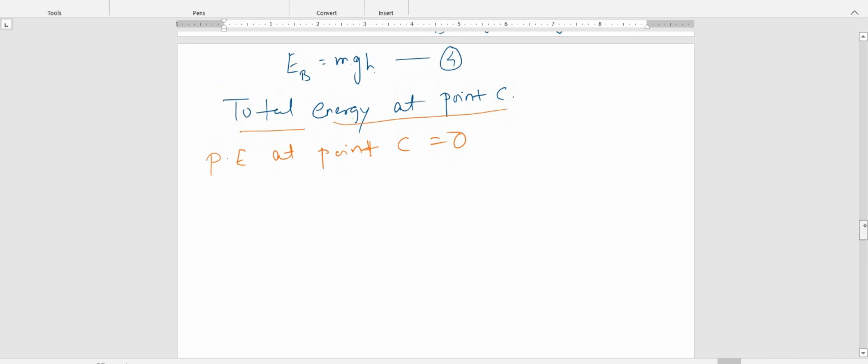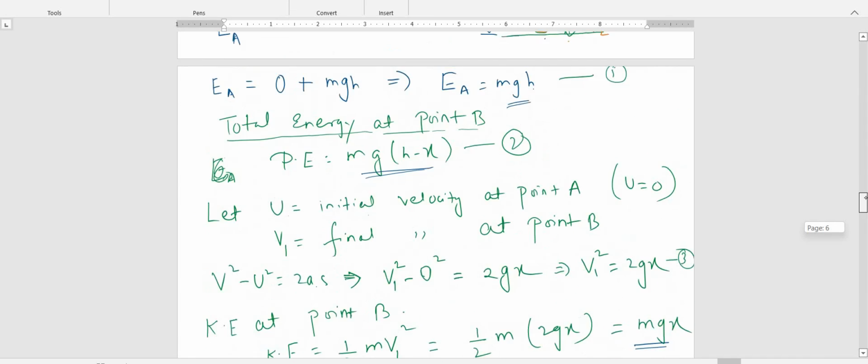So we'll use again this formula, v square minus u square is equal to 2as. What will I get? v2, what is the final velocity? v2, no? Minus v1 square is equal to 2 again g. Tell me, what is the displacement now?